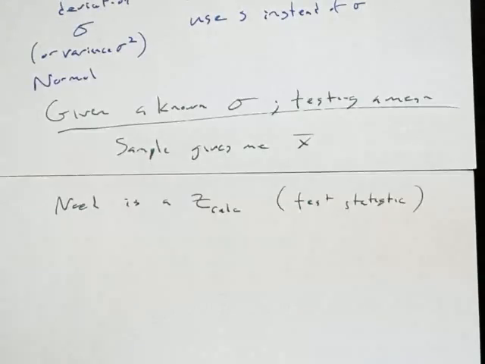How do you get a Z value? There's a formula for that.